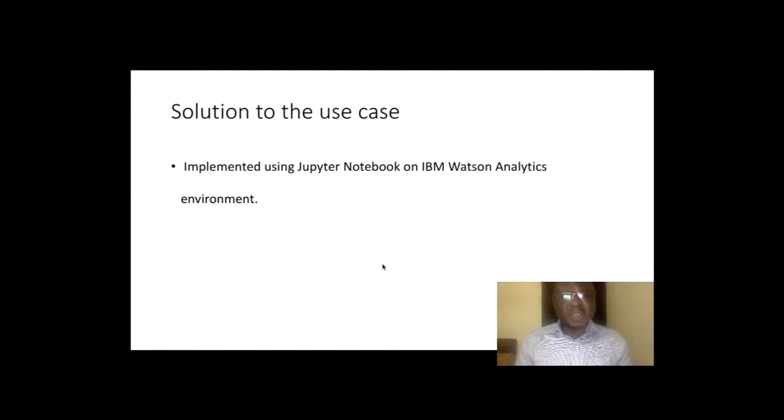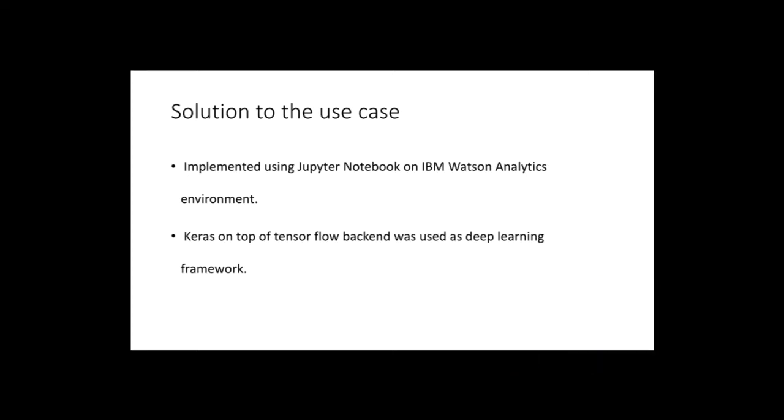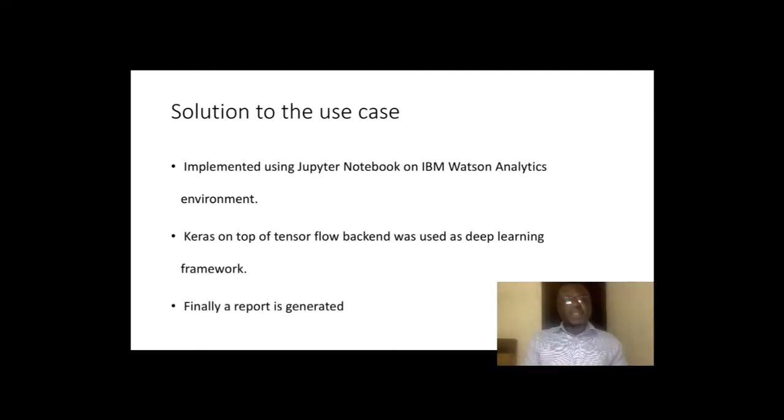This takes care of the GPU scaling automatically, and we use Keras on top of TensorFlow as the deep learning framework for this project. And lastly, the final report of the solution is generated based on the Jupyter Notebook implementation.